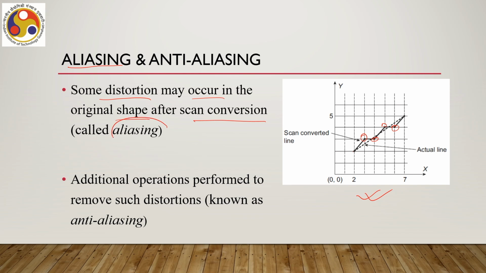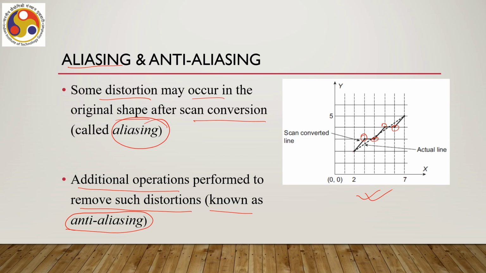This is called aliasing. Now, what we need is additional operations to remove or reduce such distortion, so that the end effect is better. These operations collectively are known as anti-aliasing operations. Again, some complex algorithms are there to minimize the effect of aliasing.